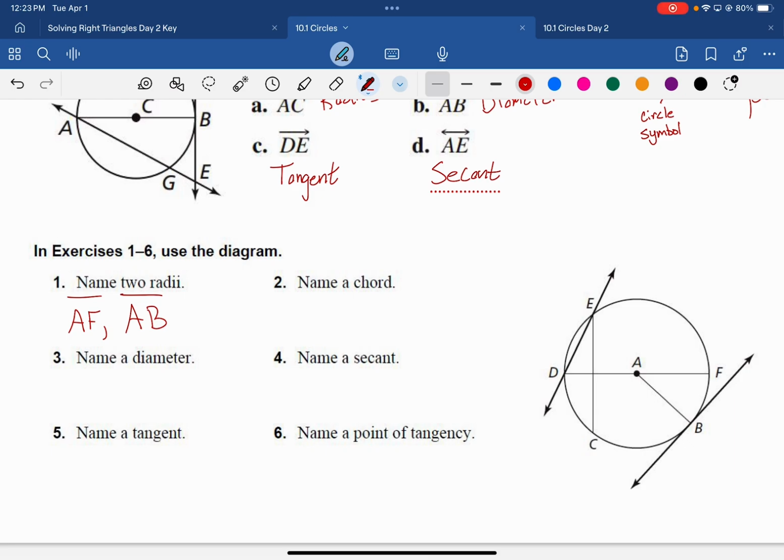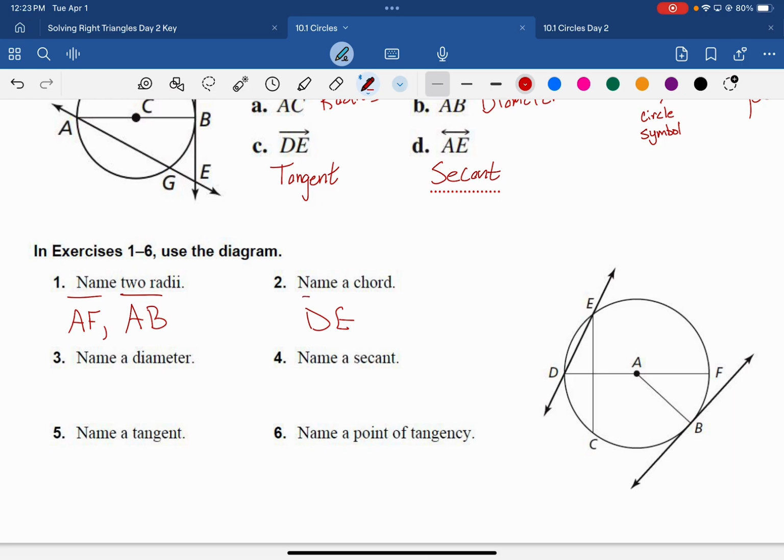All right, number 2. Name a chord. Someone raise your hand. Lester? Which one? DE? Do y'all agree, class? Well, it depends. What symbol goes above it? A line?